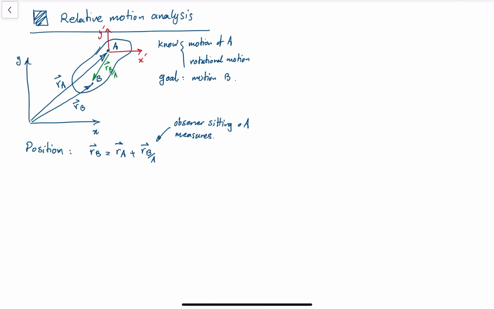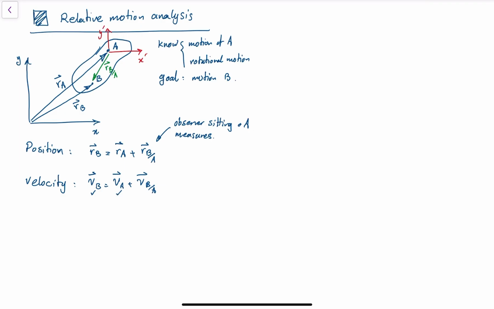Position is easy, always. What about velocities? This one remains simple, but needs a little bit of reasoning. We can write again, we have seen this before, V of B equals V of A plus V of B relative to A. This is what we are looking for.